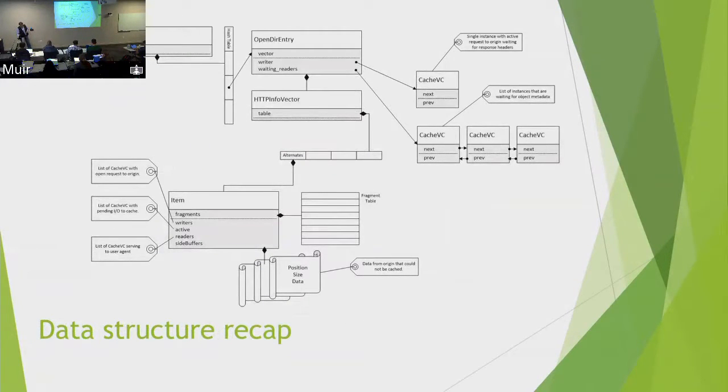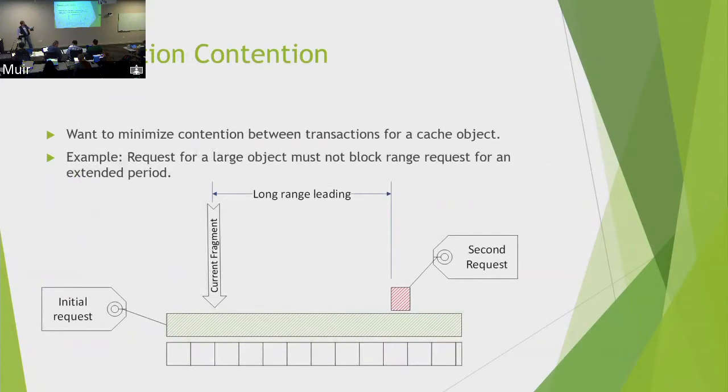We have a list of the writers for the item here, so we can walk that and say, well, what does this request look like? Does that cover my cache? So we walk those, and that then ties back to this problem here. When this comes in, we say, I walked the writers, I choose this writer here, and it's getting my data. But I know that you don't want to wait this long.